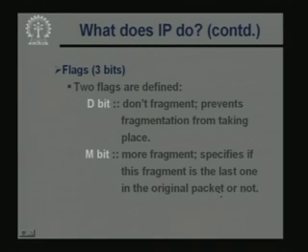And there are some flag bits also. Although the flags is a 3-bit field, out of those 3 bits 2 of them are defined. One is a D bit which is called the don't fragment bit. So, if a packet carries the D bit equal to 1, the intermediate routers will not fragment the packet.